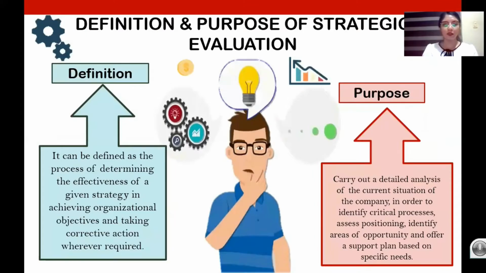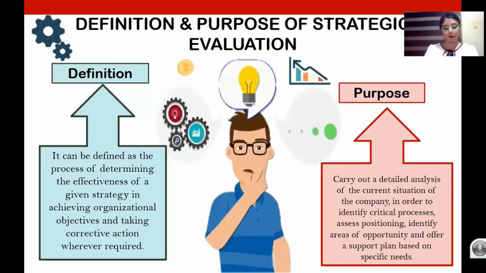Definition and purpose of strategic evaluation. Definition. It can be defined as the process of determining the effectiveness of a given strategy in achieving organizational objectives and taking corrective action wherever required. It is a system of monitoring, supervision, and follow-up.